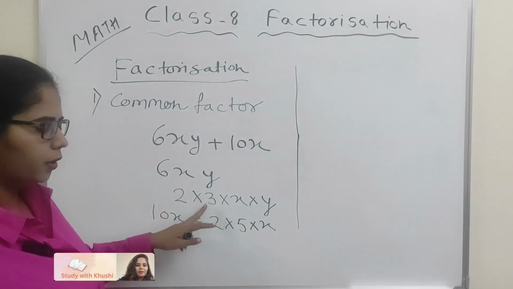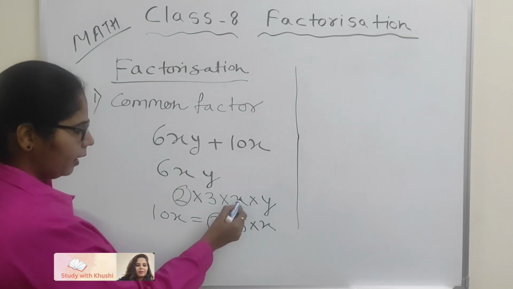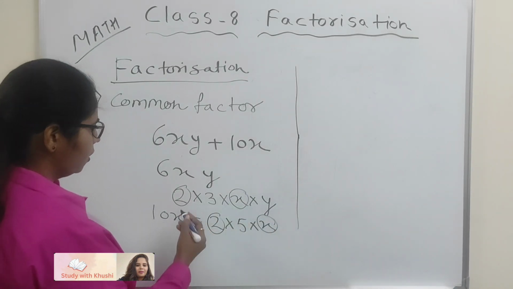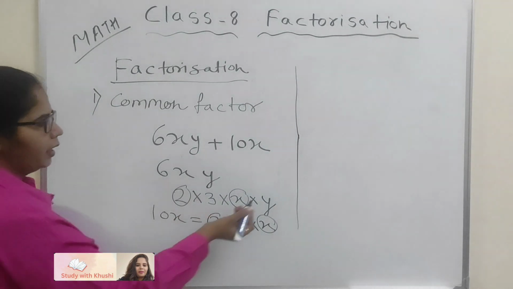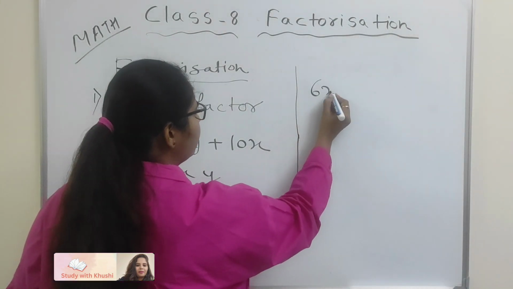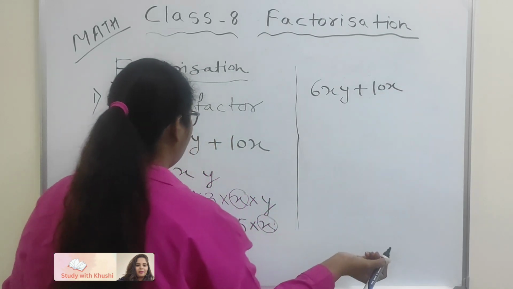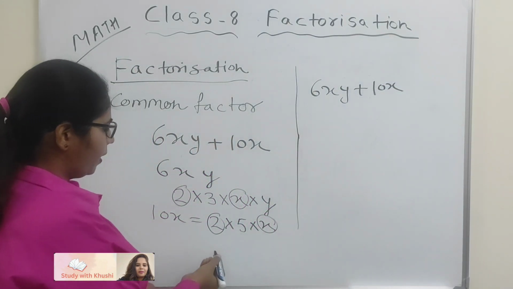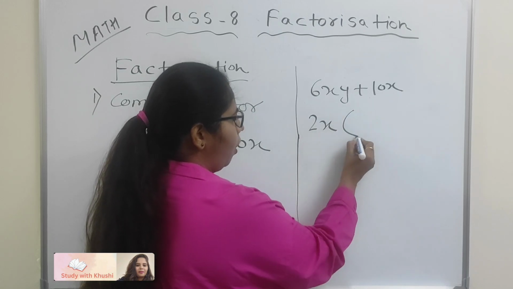Now check which terms are common here. See, 2 is here, 2 is here, right? x is here, x is here. So I can write 6xy plus 10x here. Okay, what are the common terms? 2 and x are common.